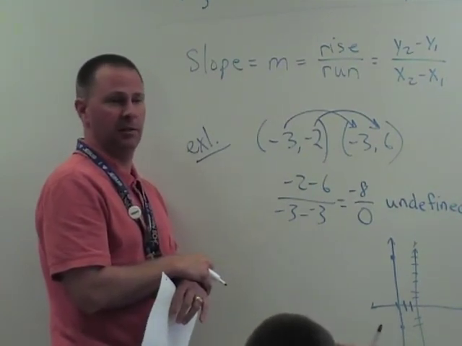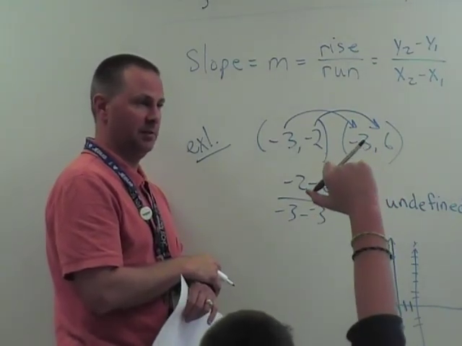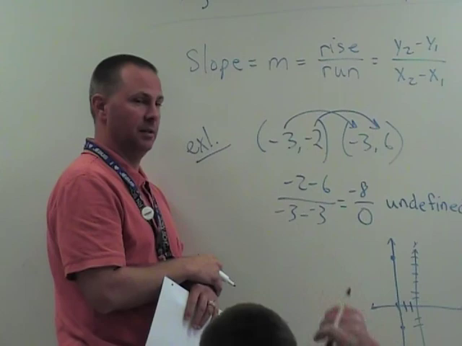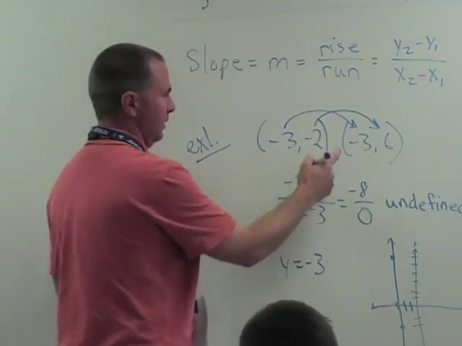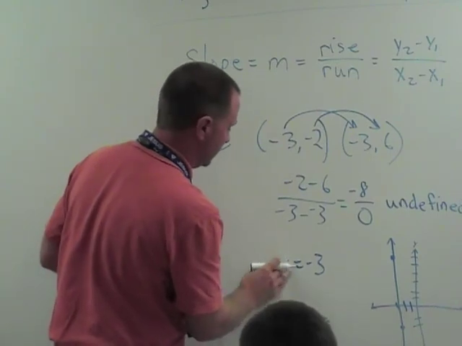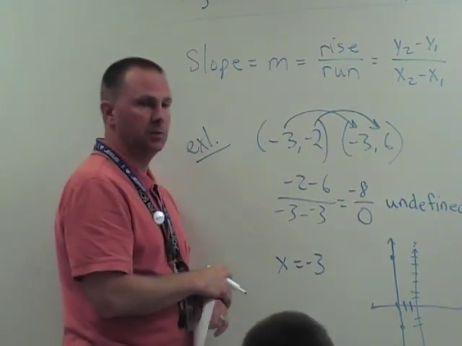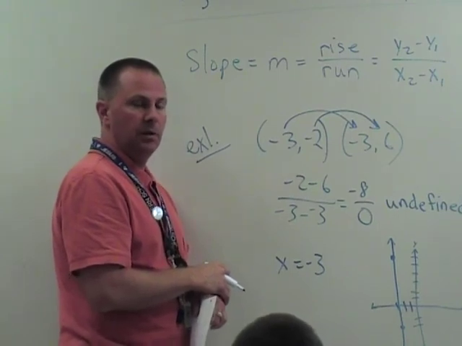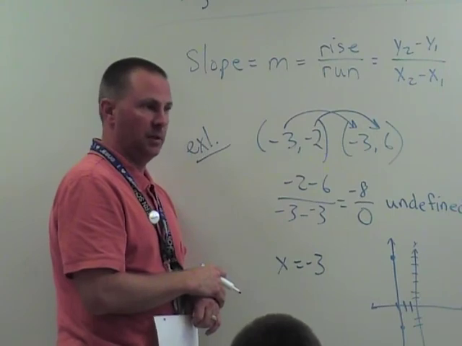Amazing how many hands I see up in the air. Just freaking out, ready to tell me the answer. What's that? Yeah. Y equals negative 3 always. I'm sorry, x. Sorry, x. You're going through the x-axis. X equals negative 3. The slope of a vertical line is always undefined.